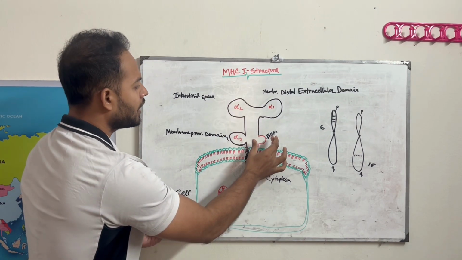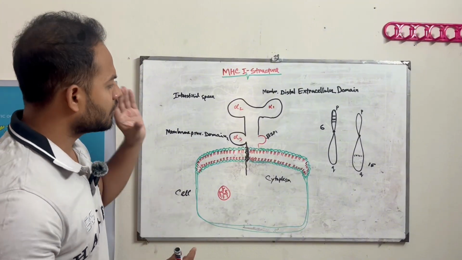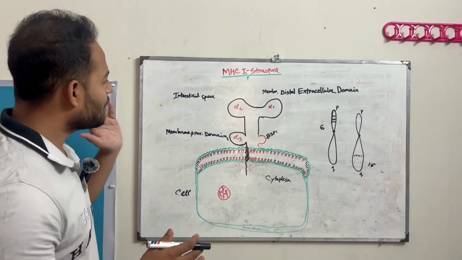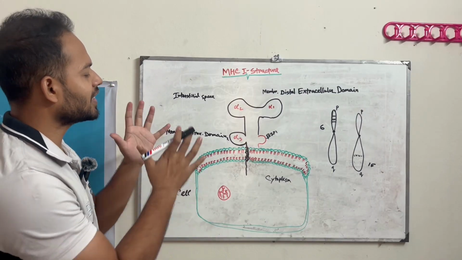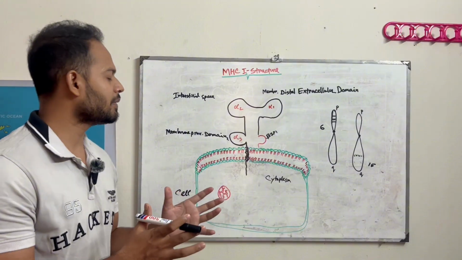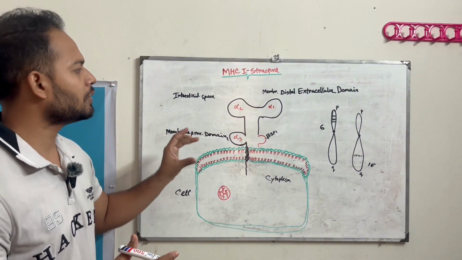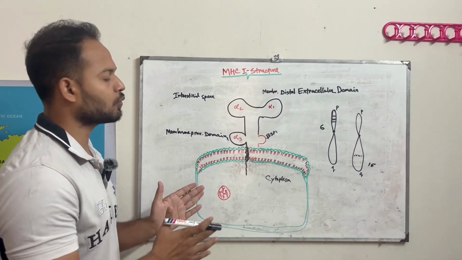You already know where beta 2 microglobulin comes from, but one of its main functions is this: if there is no beta 2 microglobulin associated with the MHC class 1 molecule, there may be no MHC class 1, because beta 2 microglobulin helps the proper folding and processing of MHC class 1 molecules.